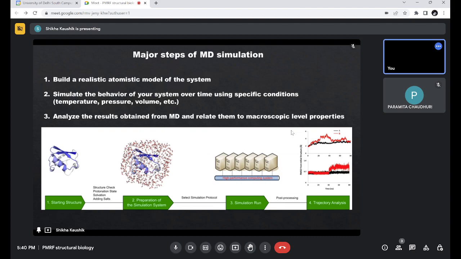Then you analyze the results obtained from molecular dynamics and relate them to macroscopic-level properties. You check whether your system is mimicking your real system, so you compare that. These are the major steps in molecular dynamics simulation.